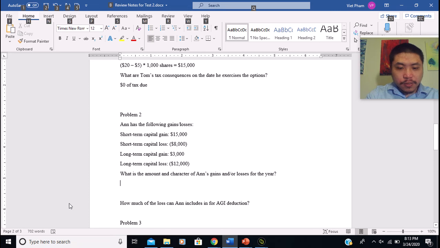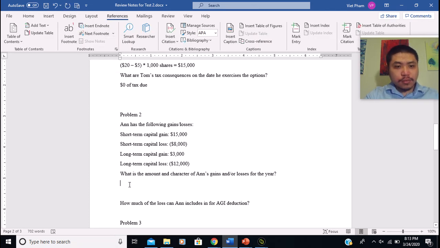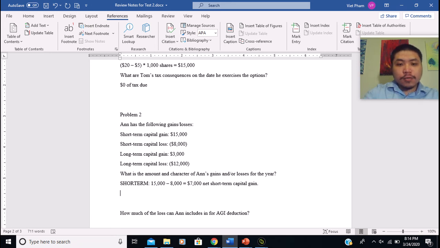So we have $15,000 gain and $8,000 loss. $15,000 minus $8,000 is going to be $7,000 of net short-term capital gain, because $15,000 is greater than $8,000.